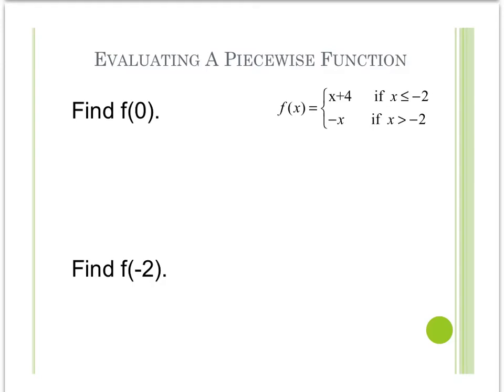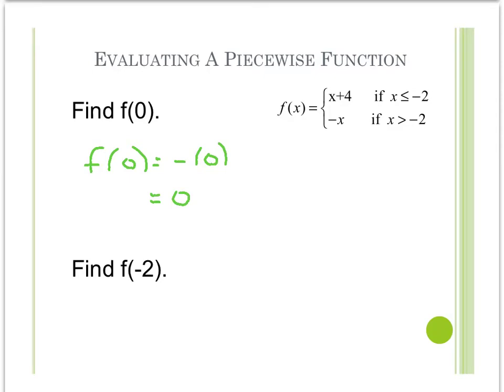f of 0: I plug in 0 into my function, and where does it fall? I check over here in my domain intervals. 0 is greater than negative 2, so it's going to fall into this bucket here. f of 0 goes into the negative x bucket, so negative 0 is just 0. So f of 0 equals 0.